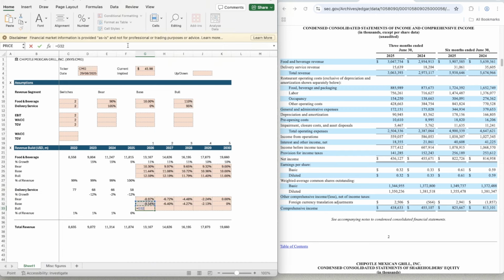We do the same for the next one, and again we can just copy this down to here, change it to C11.